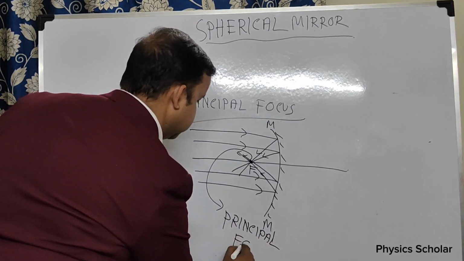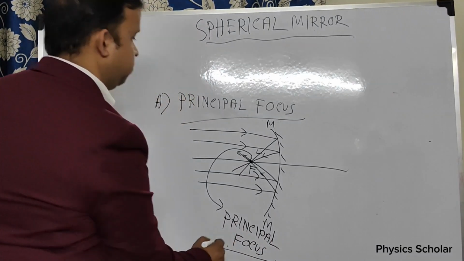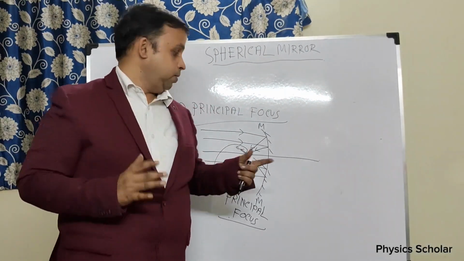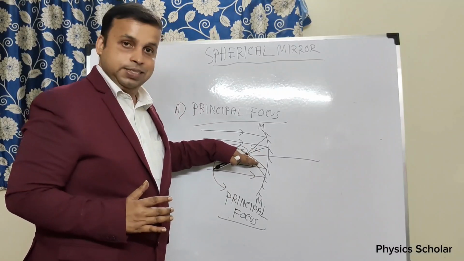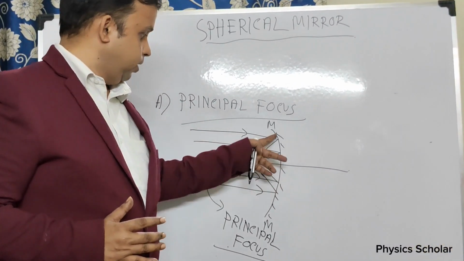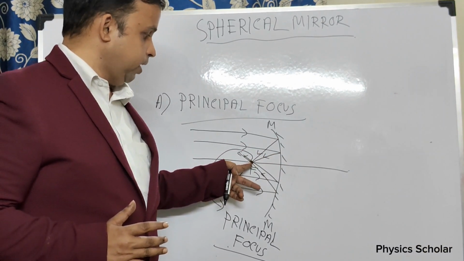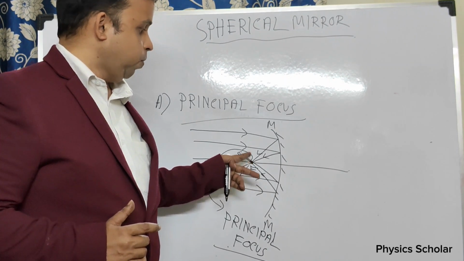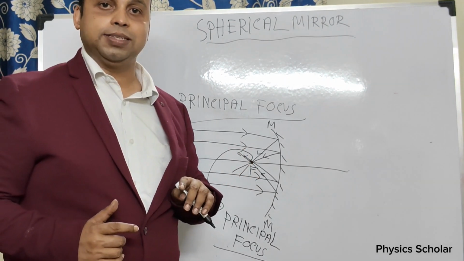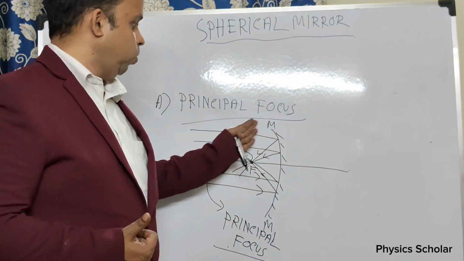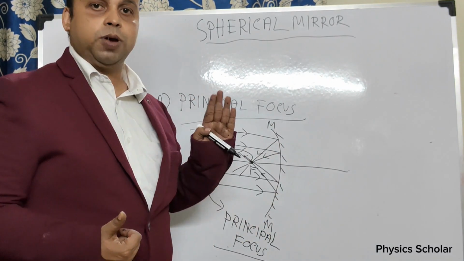So when a parallel beam of light, parallel to the principal axis, is incident on the concave mirror, then after getting reflected they will meet at a particular point on the principal axis. That point is known as the principal focus of that particular concave mirror. All of you have understood what the principal focus of a concave mirror is.